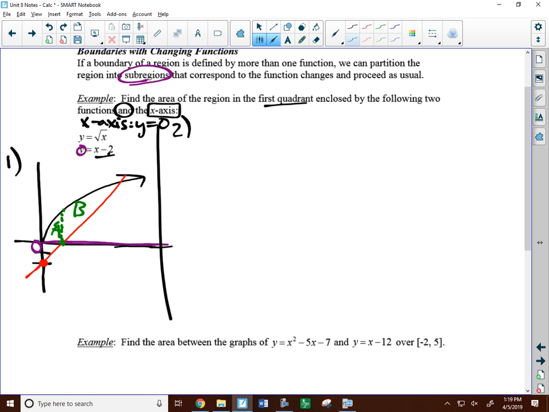Set x minus 2, that line, equal to 0, and I solve and add 2, so we get 2. So that one's 2. And then I need this one over there. That one is where the red line, x minus 2, equals the black curve, the square root of x.